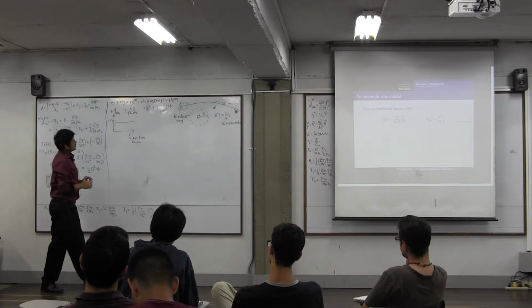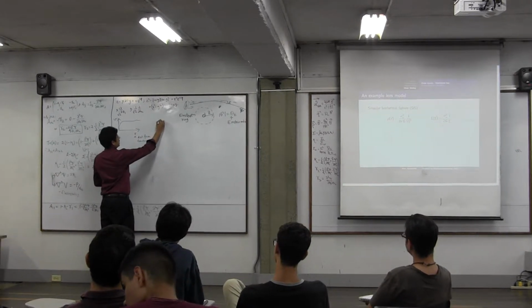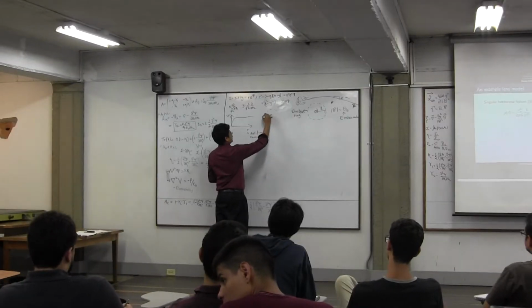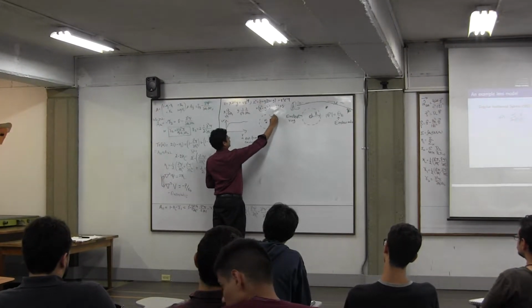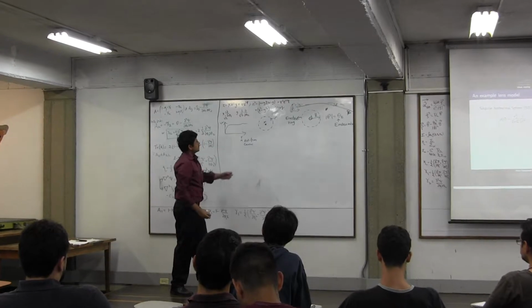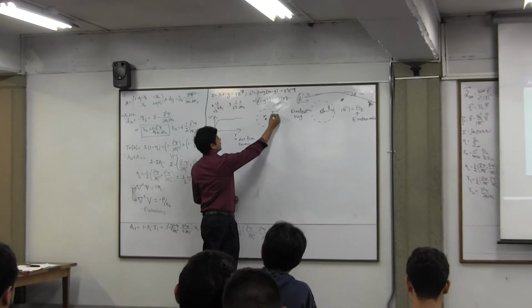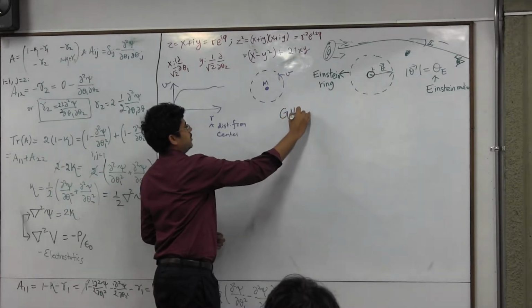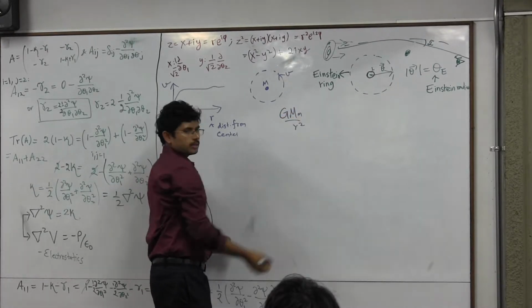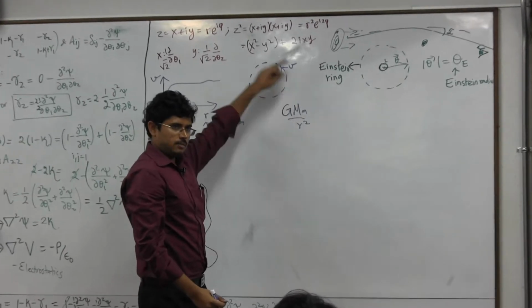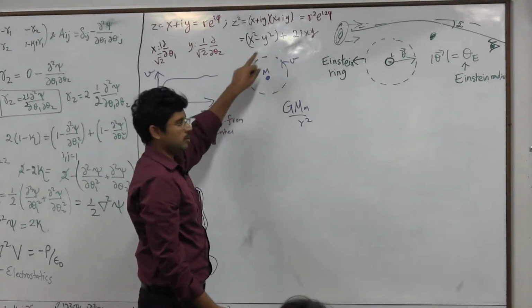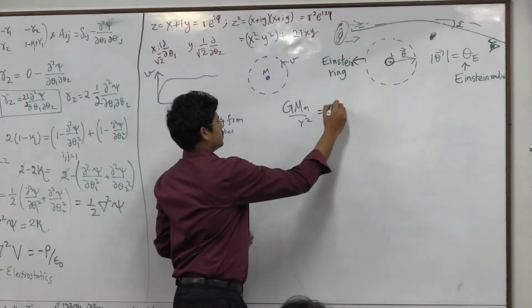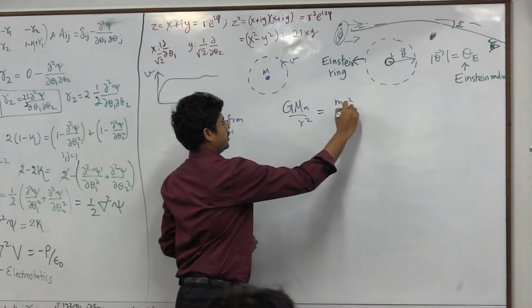If you assume that all the mass is concentrated at the center and an object is rotating with a velocity v, then the gravitational force of attraction, GMm over r squared, is what provides the centripetal force for this object to go around. So this would be mv squared over r.